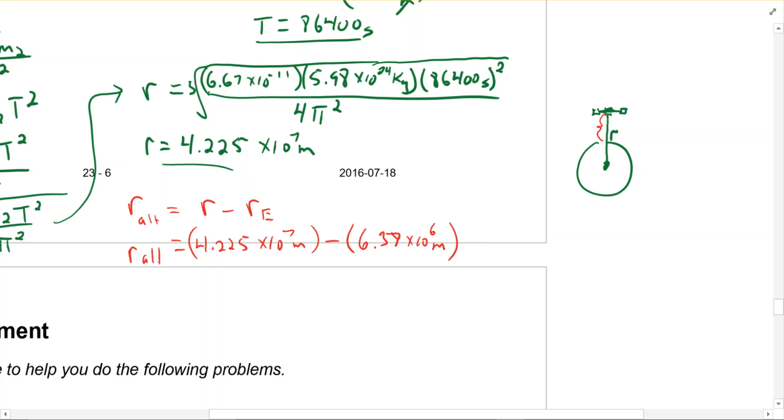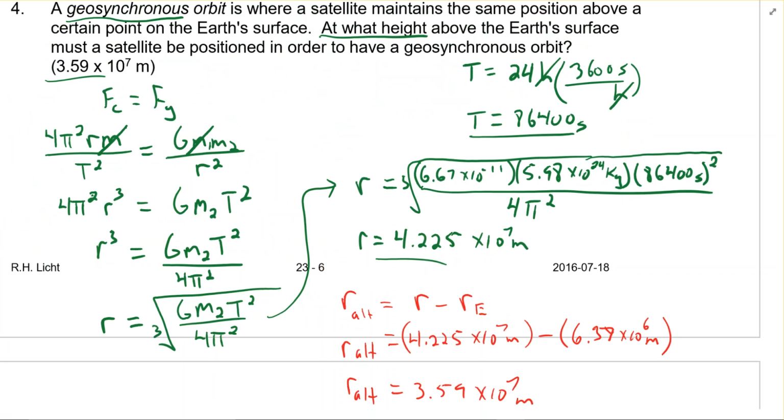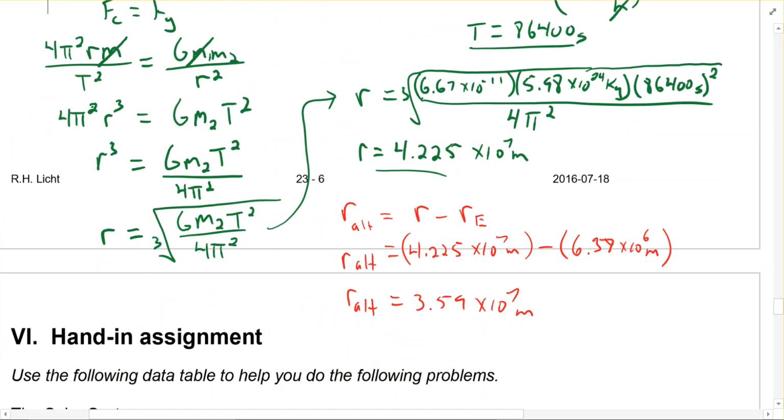Okay, so our altitude is going to be 3.59 times 10 to the 7 meters, which is the same as our answer up here now.